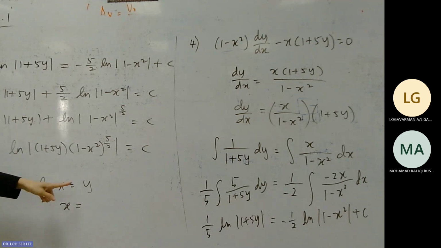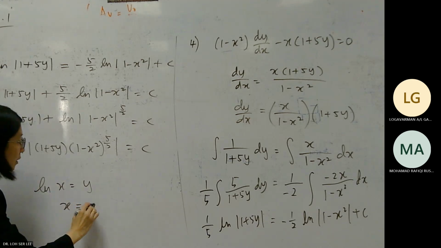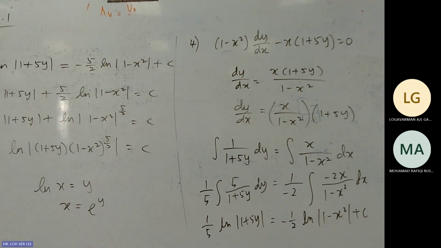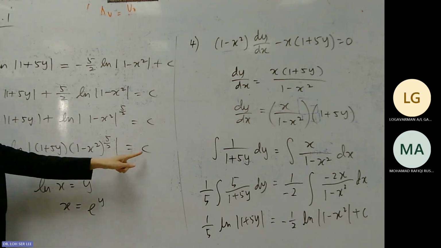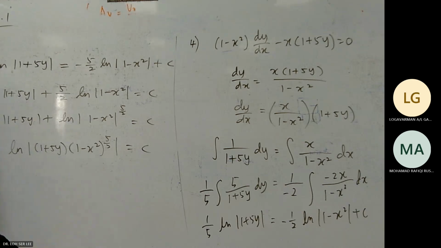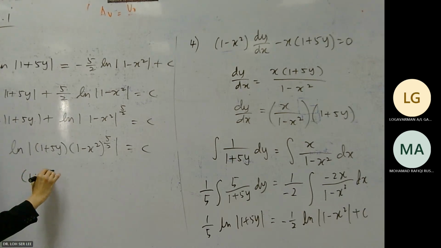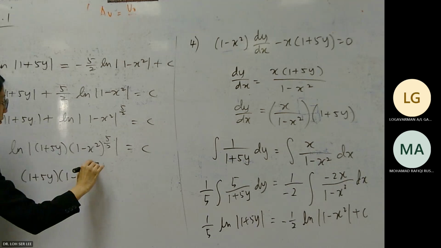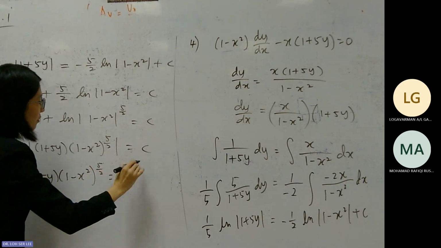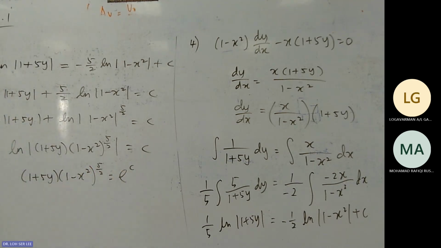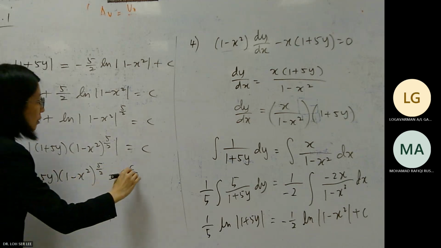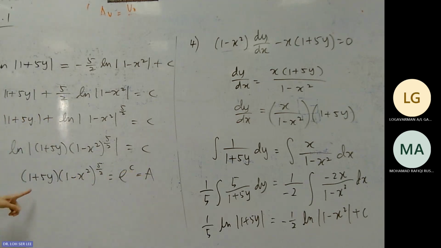When ln x is y, your x is e to the power of y. So it equals e to the power of c. C is a constant, so exponential to the power of a constant is also a constant. That's why you see a. This one equals a.